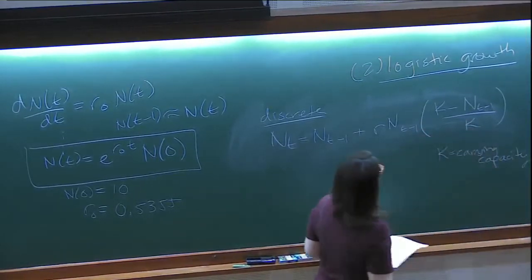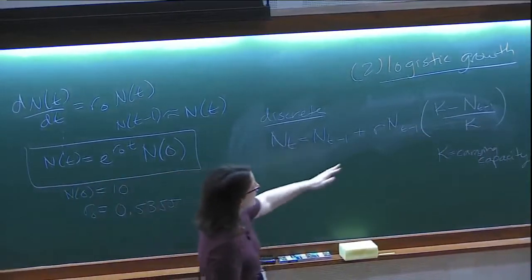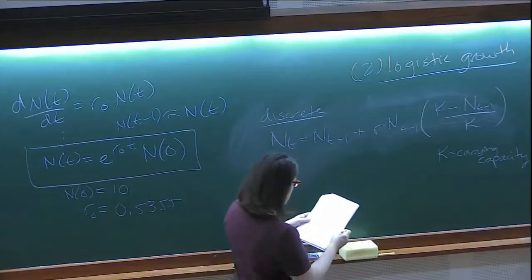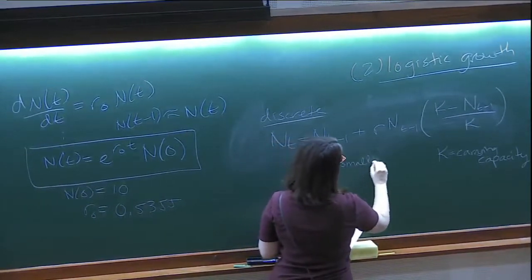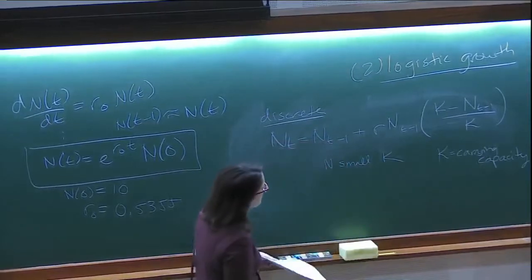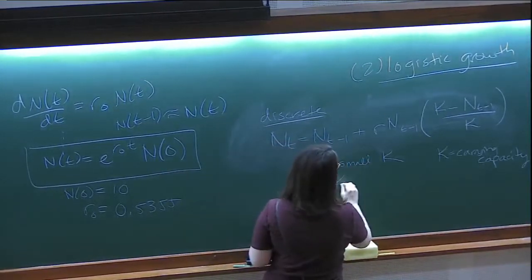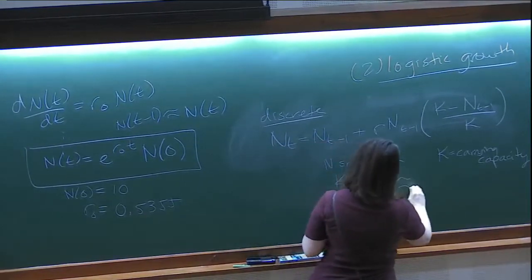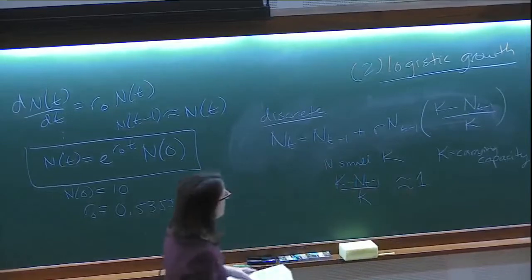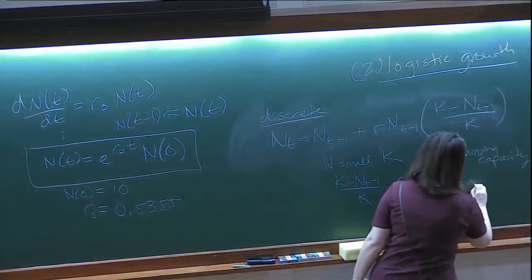Right? And this lets us have a slightly different shape. We always say, oh, well, what are the extremes of this? We can imagine when n is small compared to k. When n is very, very small compared to k, then (k minus n at t minus 1) over k is close to 1. And then you get exponential growth, which is what we want.